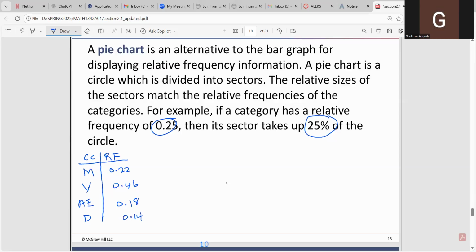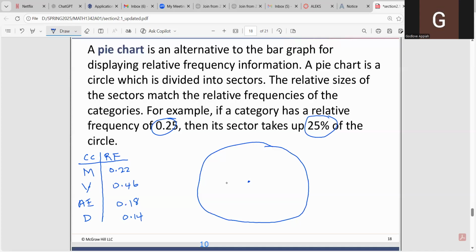I want to construct a pie chart for this relative frequency distribution. The first step is to draw a circle, and this is the center. You can start from the smallest to the largest or from the largest to the smallest. I usually prefer to start from the largest relative frequency and go all the way down to the smallest.